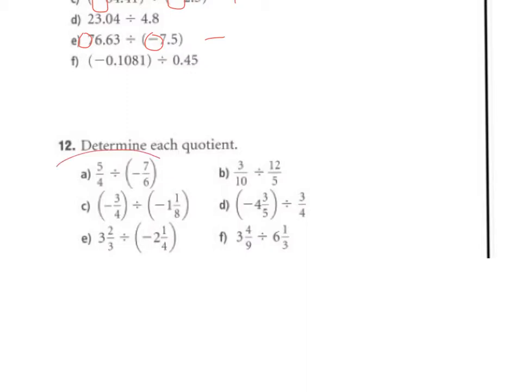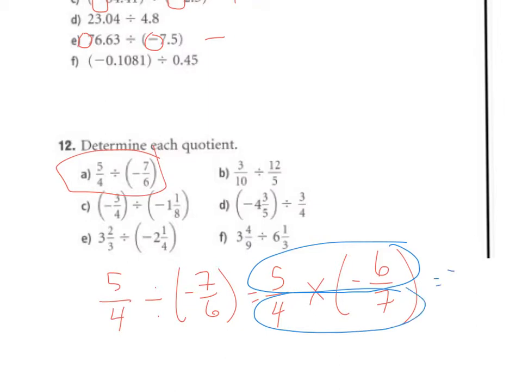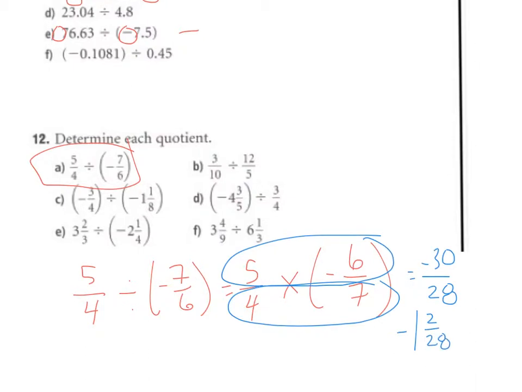And then down here, we will say 5 over 4 divided by negative 7 over 6. I will rewrite this as a multiplication statement where I reciprocate the fraction, and now I can multiply the numerators, multiply the denominators, and I get negative 30 over 28, which is negative 1 and 2 over 28, which I've run out of room, so let's see if I can move it.